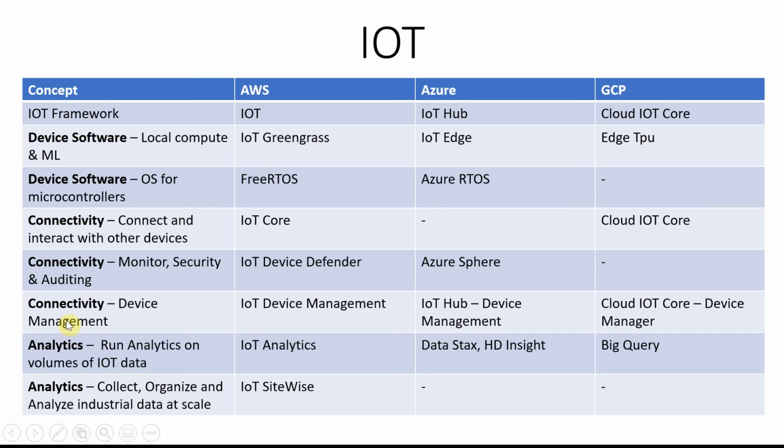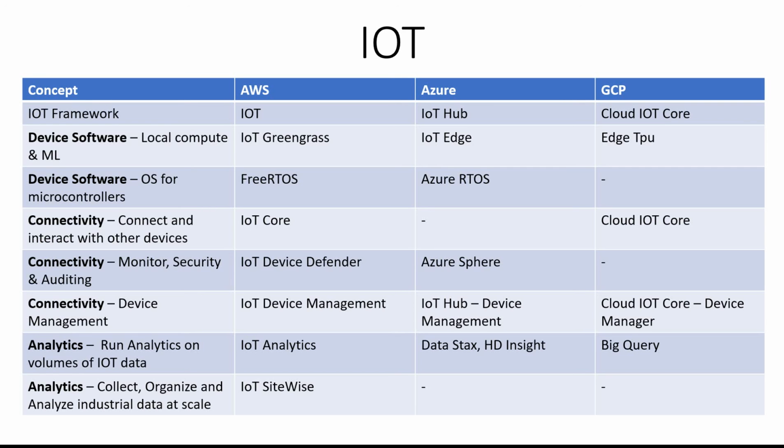Next is device management. This is the area where I am working. Device management is managing the device, meaning all these IoT devices you need to onboard into your system. First, you have to onboard these devices, activate the devices, and then publish data to the devices or read data from the devices, and then restart the devices.